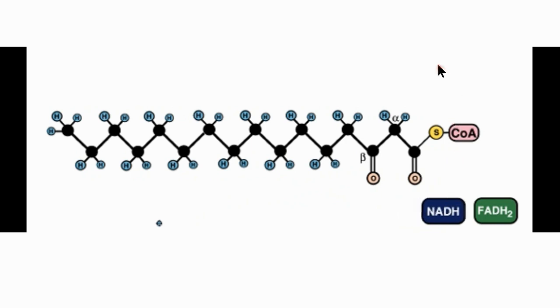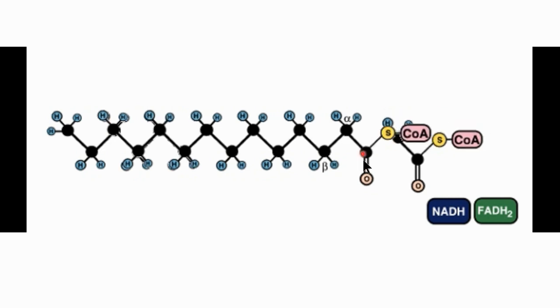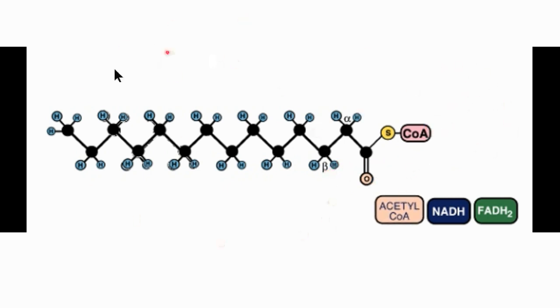And then step 5, you have now your coenzyme A. Yan. So it's actually going to go here. Yan. Okay, this now becomes a new set of alpha and beta based on the positions. Okay, so paulit-ulit lang siya hanggang maubos niyo yan.